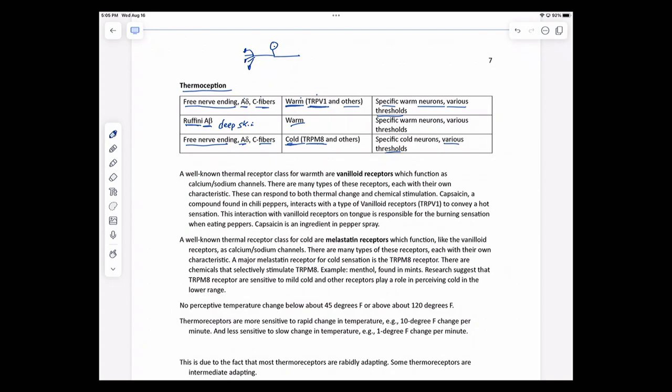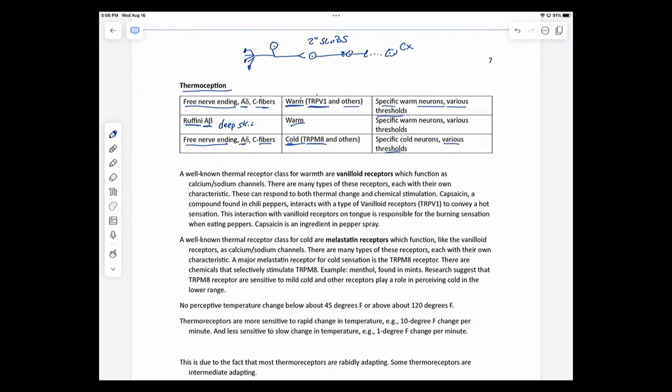And so if we're exposing this sensory neuron to cool temperatures, that's going to change the action potential frequency of this neuron here, and this neuron here is going to then synapse onto a secondary neuron. Okay, and that secondary neuron is either going to be in the spinal cord or brain stem, and then that secondary neuron will then synapse onto a tertiary neuron and then series of neurons, so that eventually is going to be talking to a neuron in your cerebral cortex. And when that neuron is stimulated, then you have the conscious sensation, oh, this must be cold.